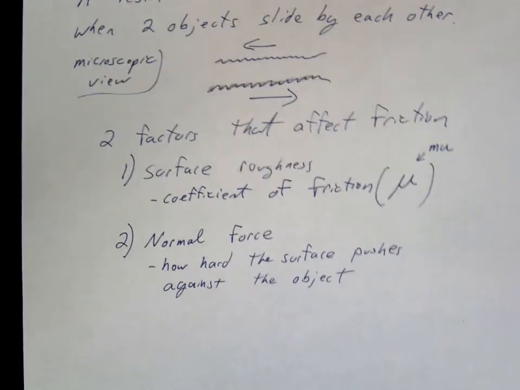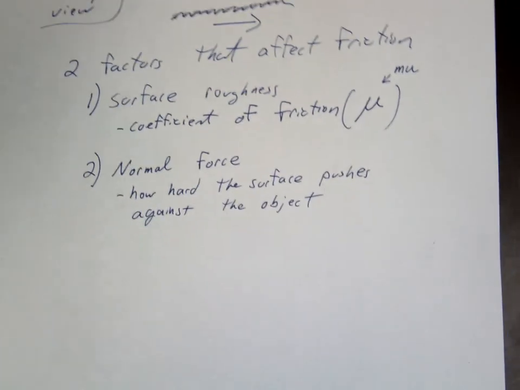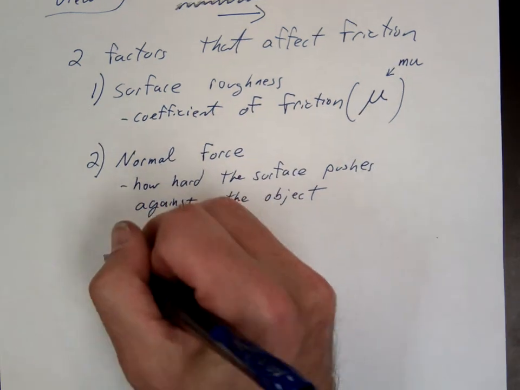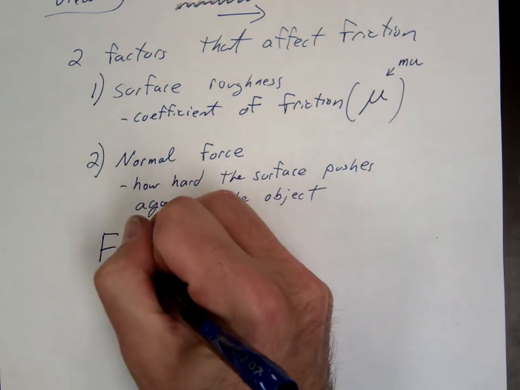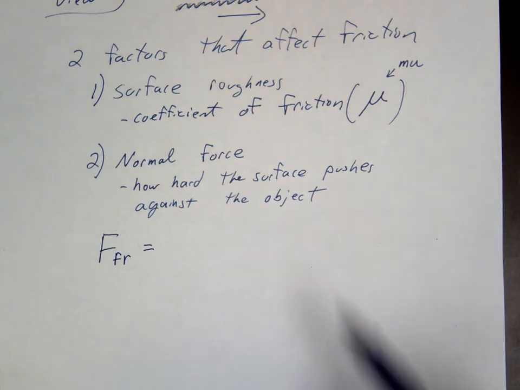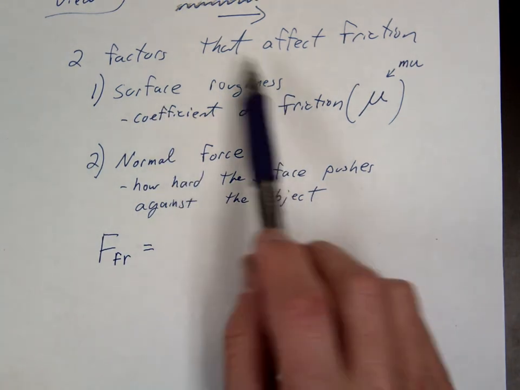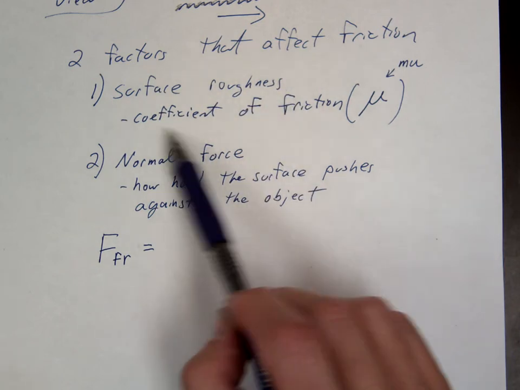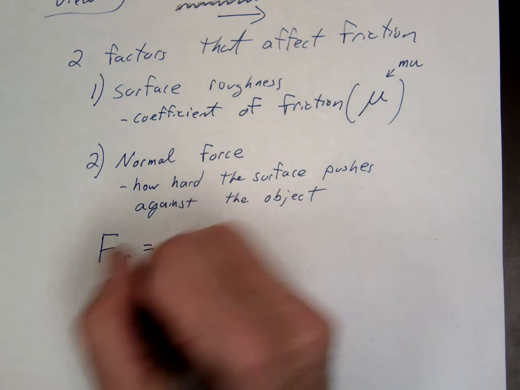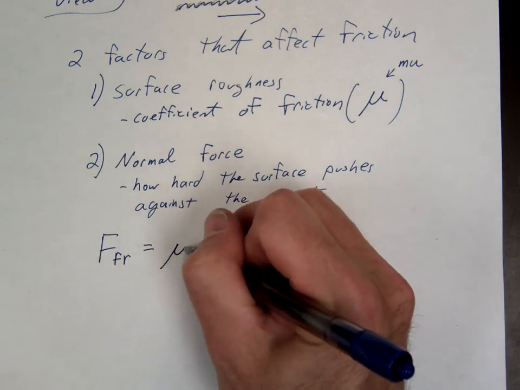Okay, so that's friction. That's kind of the definition, the concept of friction. The formula for friction, well, we could derive this ourselves. If we have friction equals, well, as the surface gets rougher and rougher, what should happen to the amount of friction? It should increase, right? So that's a direct relationship. So we'll just write mu.